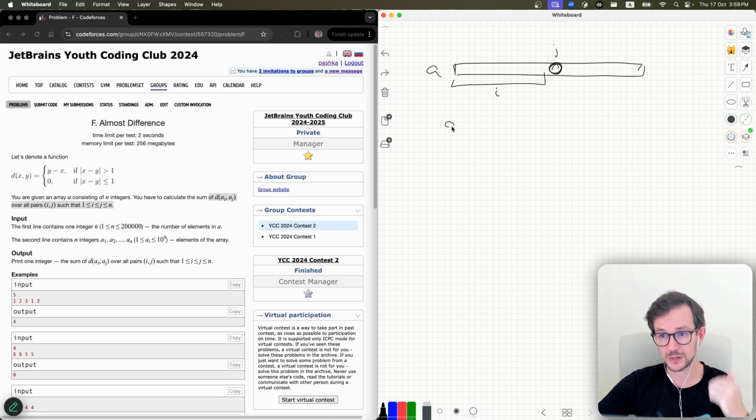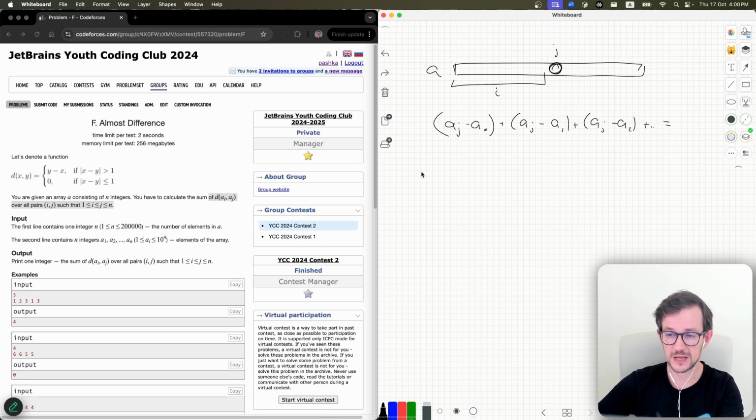I need to add aj minus a0, plus aj minus a1, plus aj minus a2, and so on. So it is the same. I calculate the number of times I see this, so it will be aj multiplied by, again, the number of these elements before j.